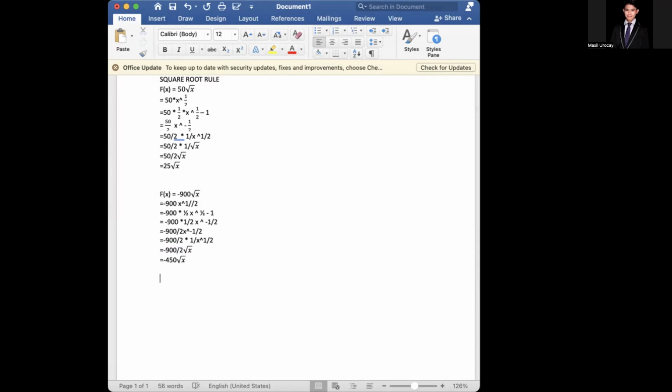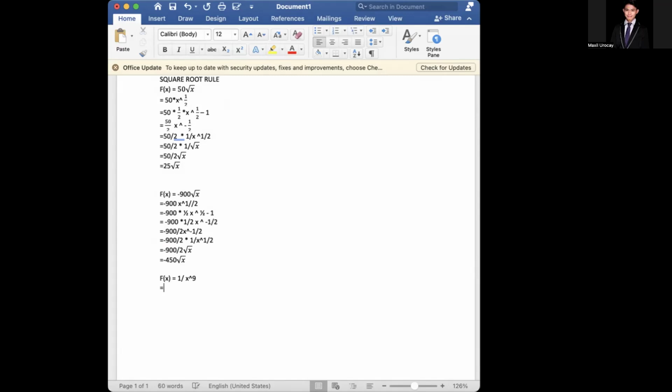Now, afterwards, your reciprocal rule. For the reciprocal rule, this is somewhat connected to the square root rule that you have. With that, for example, f of x equals 1 divided by x to the power of negative 9. So for example, like that.